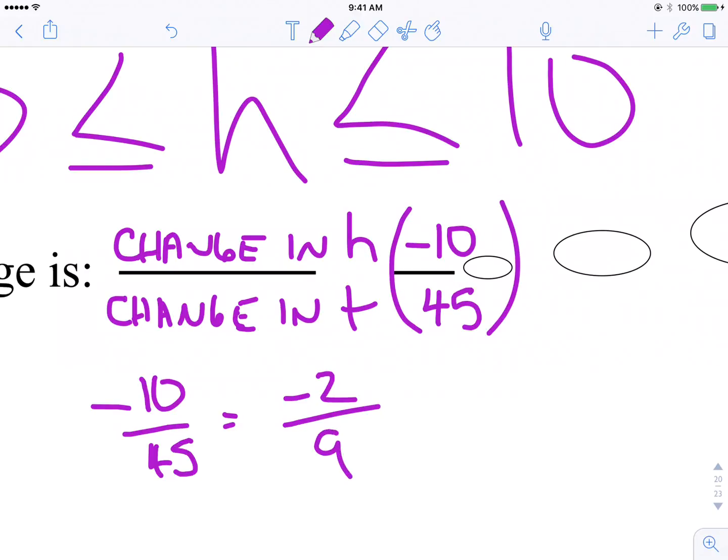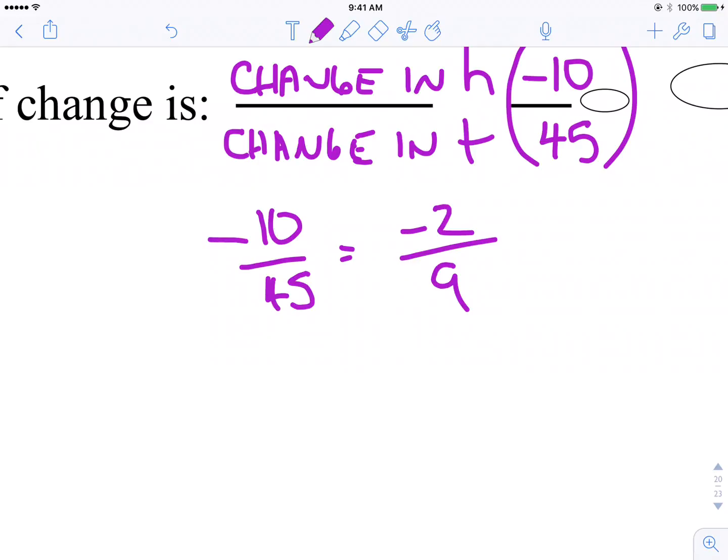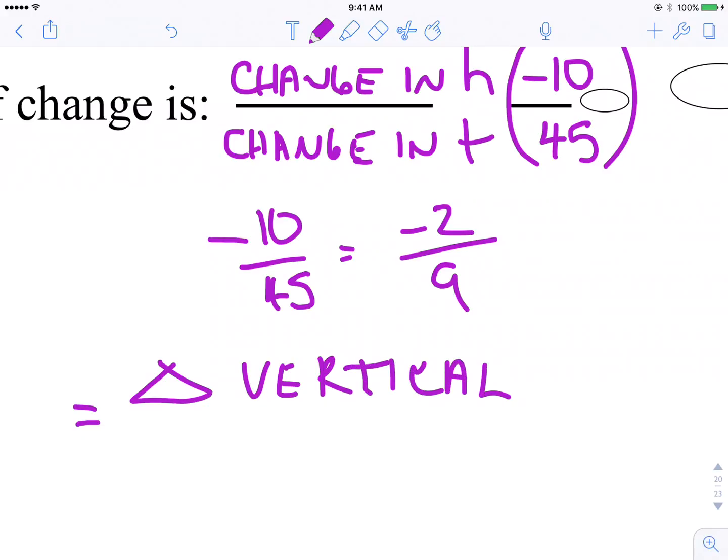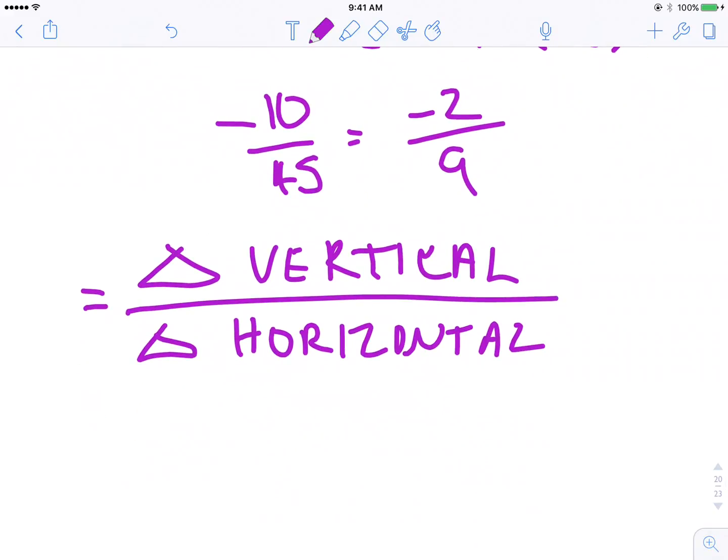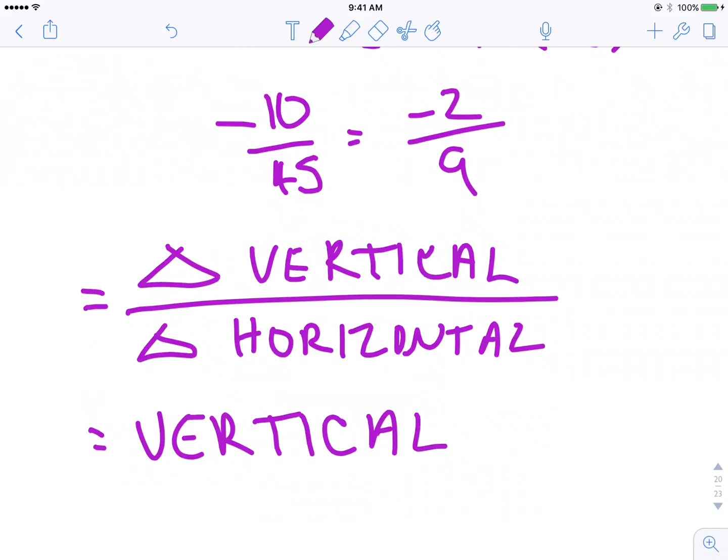In words, what we're looking at is the change in our vertical values. This triangle means delta, the change in our vertical values over the change in our horizontal values, or vertical change over horizontal change.